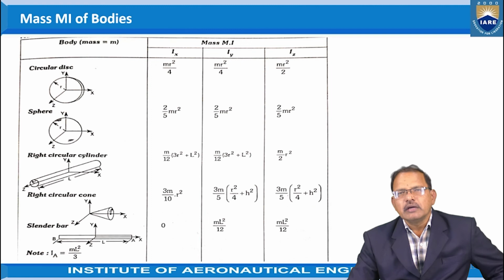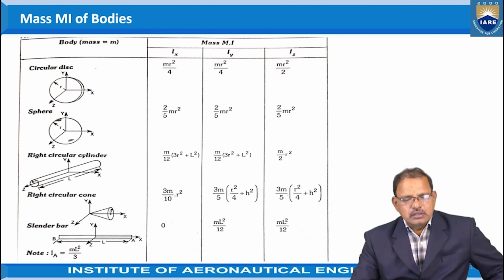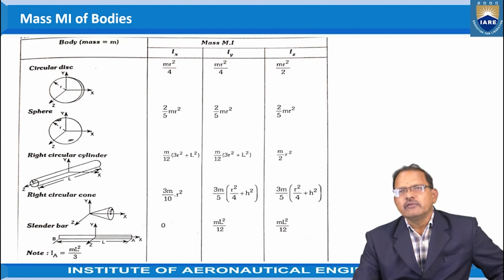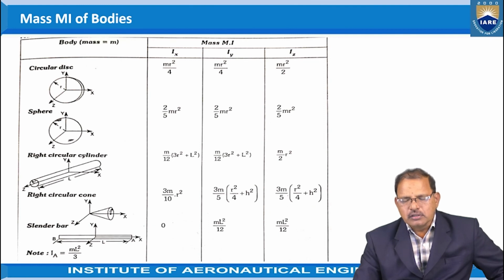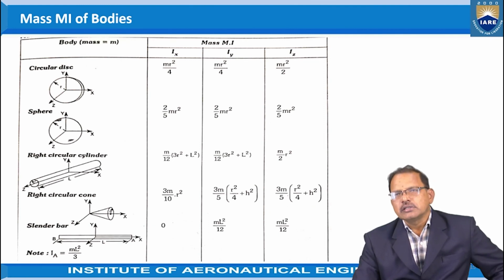Okay, this is the summary of today's class. The mass moment of inertia of the element, that is the circular disc, about the x-axis is given by mr square by 4. Similarly, about the y-axis it is mr square by 4. These are the axes passing through the central axis.